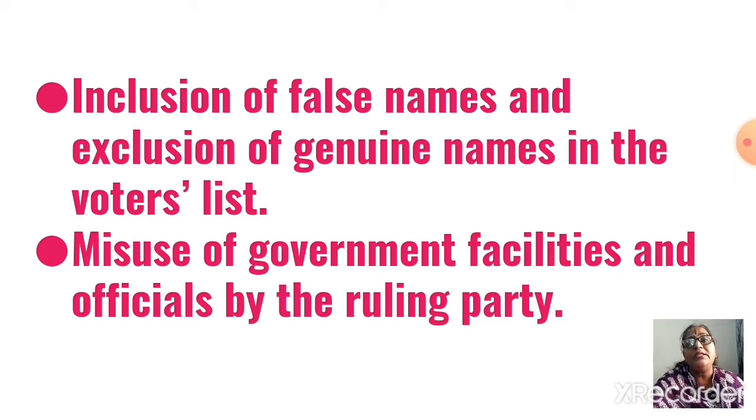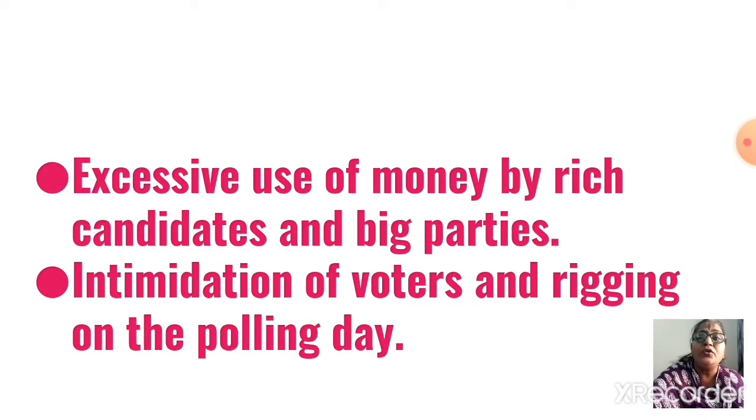Now, see the next one. Excessive use of money by rich candidates and big parties. If a rich candidate is contesting an election, he spends more money in elections, either for campaigning or he buys votes, which is illegal.